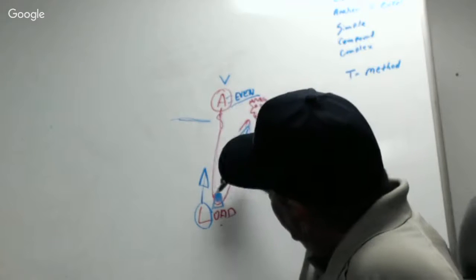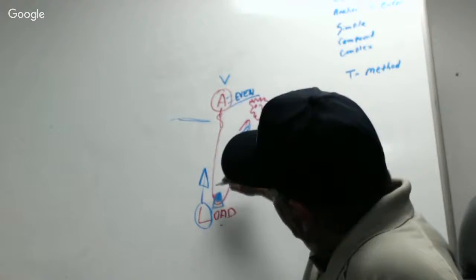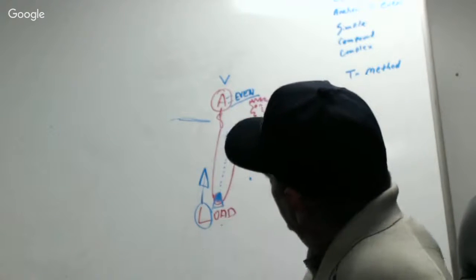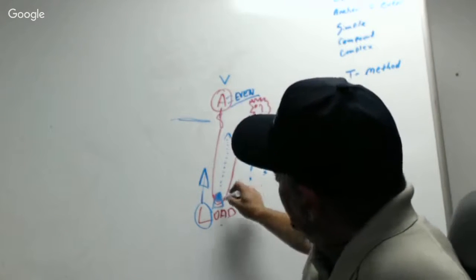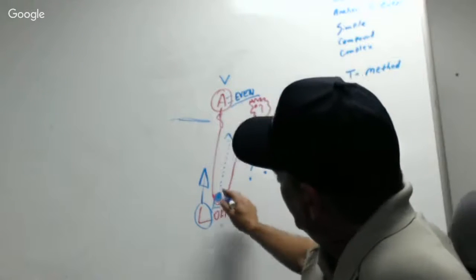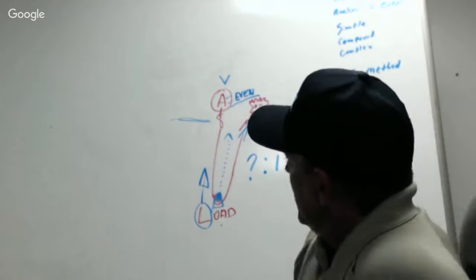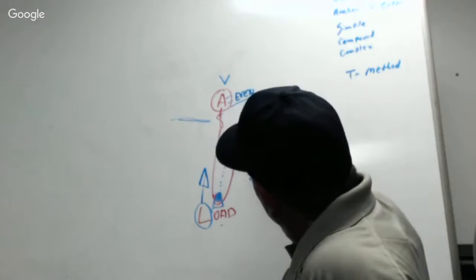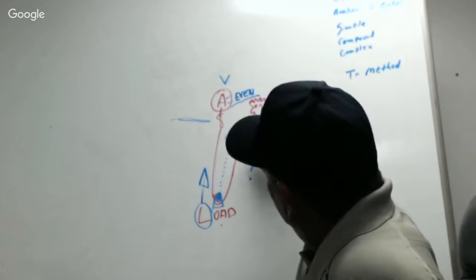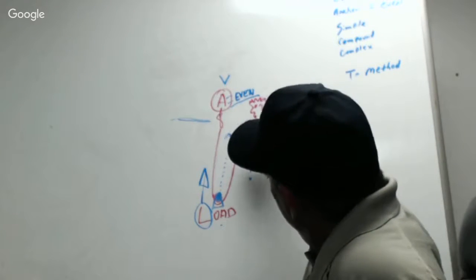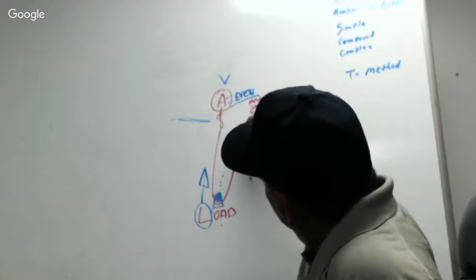Now you have a pulley that's moving in space. It's going to head this way. So we know we're gaining mechanical advantage because we have a moving pulley. If we use the T method, I have this guy right here, and he's going to give 1 tension unit of pulling this way.